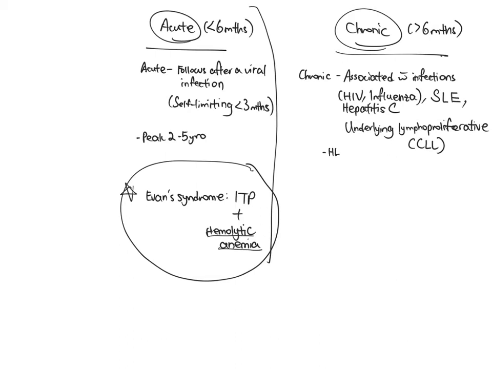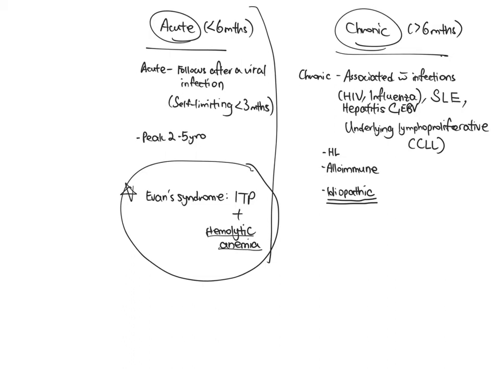In addition to that, alloimmune, so after transfusion of platelets, can also result in this as well. And certain viruses like EBV could also cause it too. Sometimes it can be idiopathic, so there's no associated infections or malignancies with this condition.